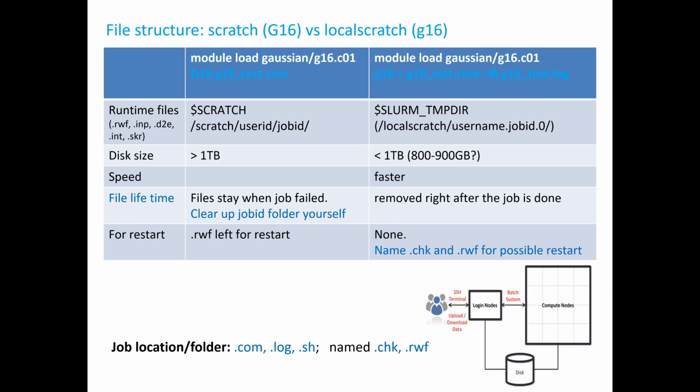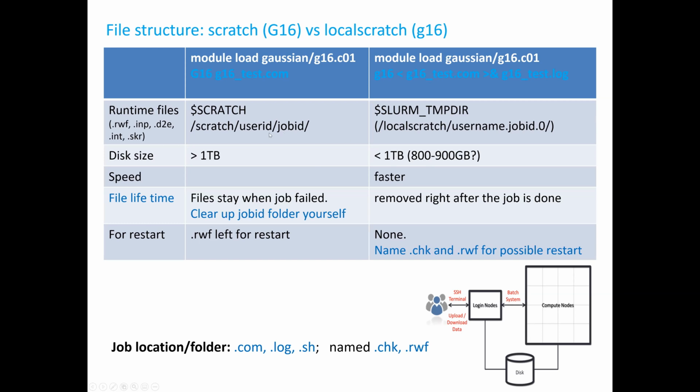And because it writes right to the local disk, the speed should be fast. How much faster we don't compare, but theoretically it should be. So for big jobs, if any job is over say 800 gigabytes, then the disk size is not enough.